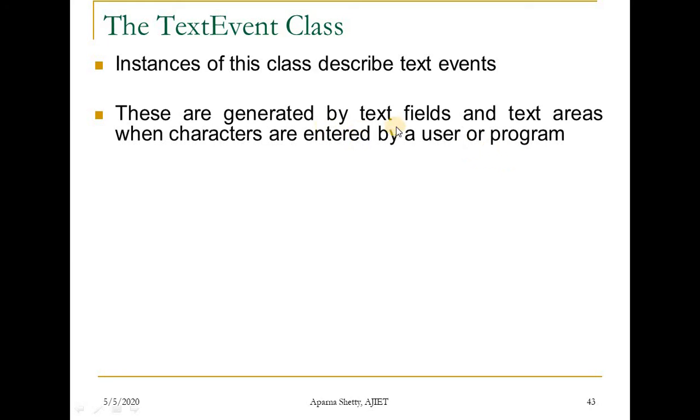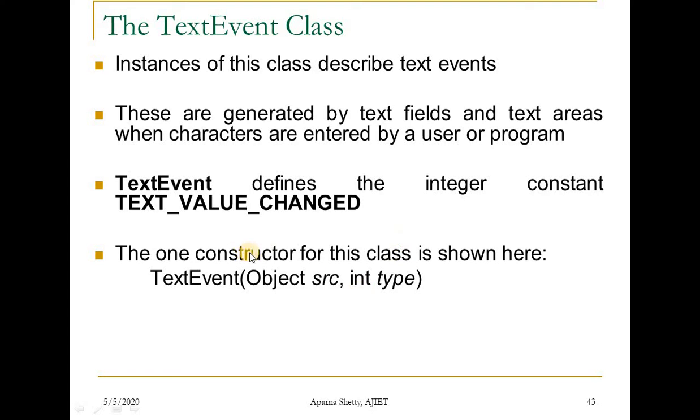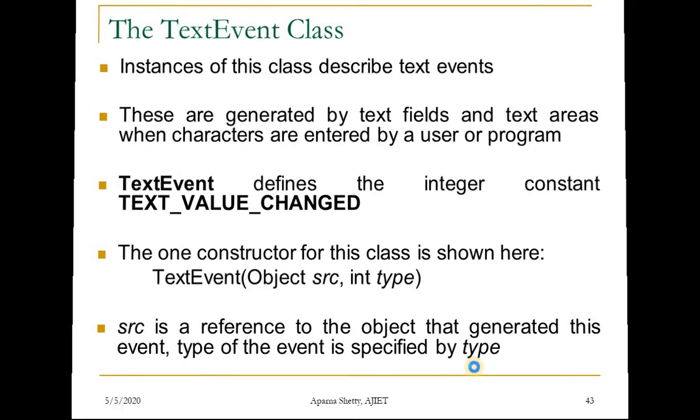TextEvent defines the integer constant TEXT_VALUE_CHANGED. The one constructor for this class is TextEvent(Object source, int type). Source is a reference to the object that generated this event. The type of the event is specified by type.